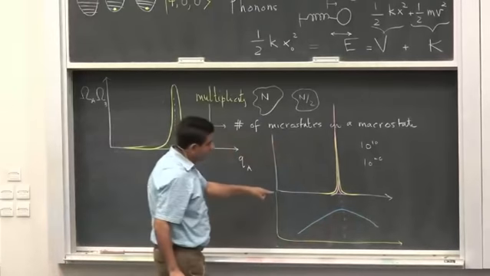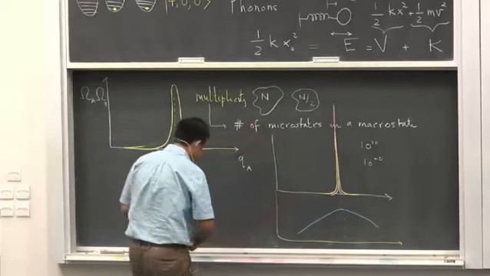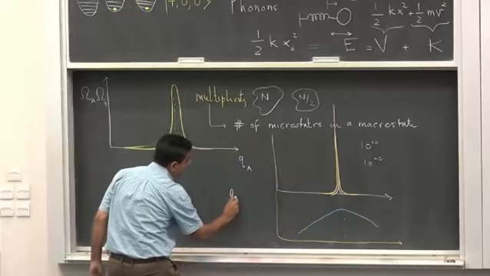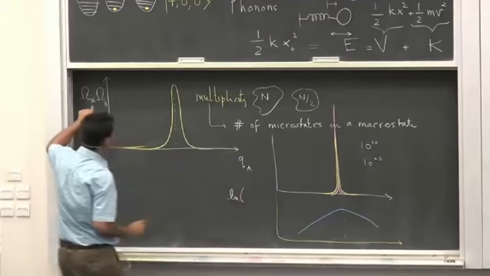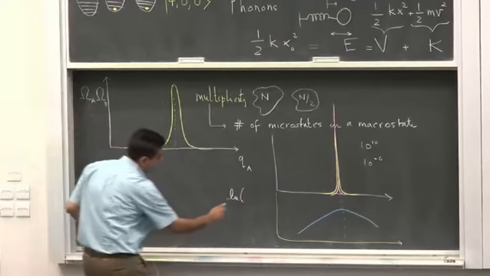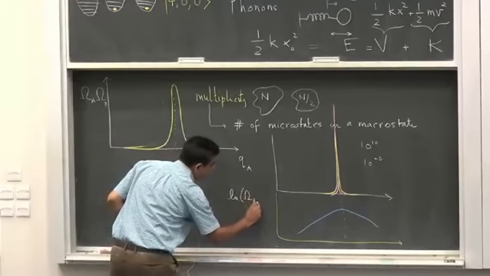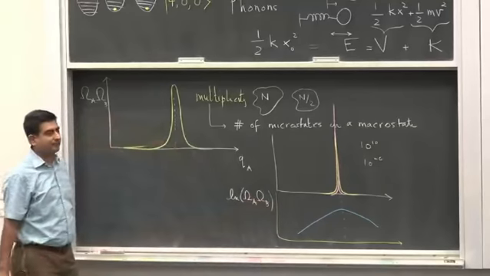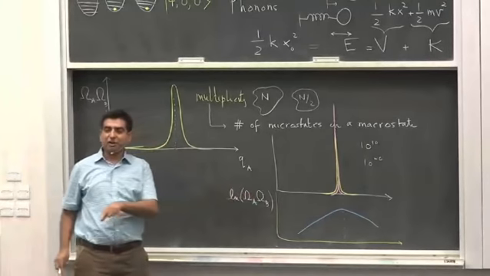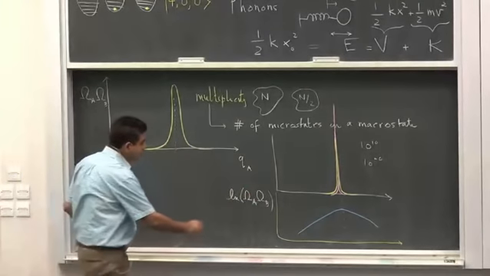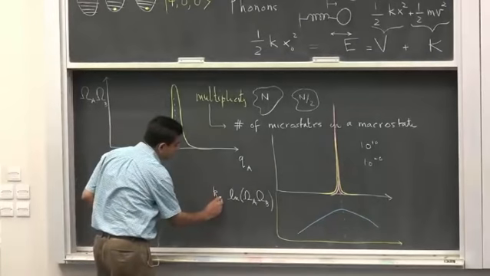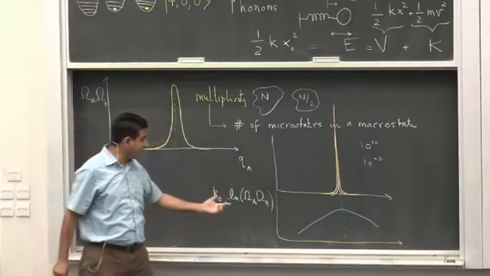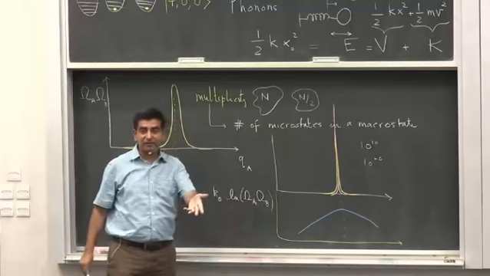So this is a graph of the natural log of the multiplicity, which is this number here. Natural log of omega A, omega B. This object, the natural log of the multiplicity, when I multiply this with some constant KB. Now this is unitless because this is just the number of microstates.